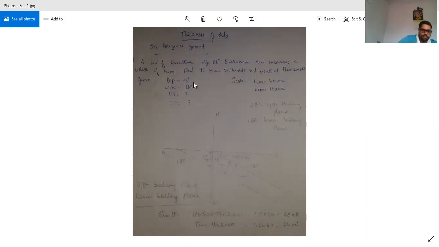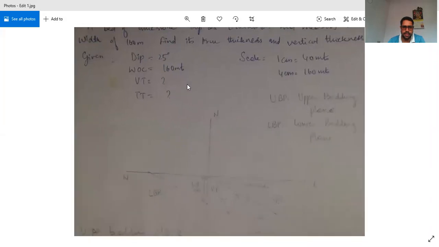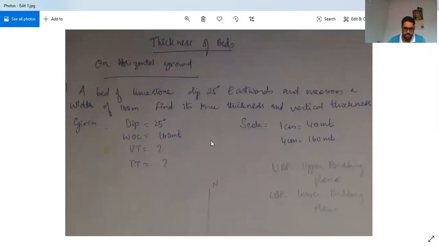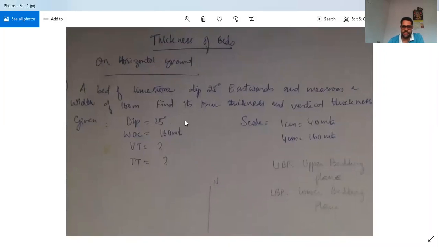So this is the problem that is given. The dip of the rock type is 25 degrees eastwards, and the width of the rock type is 160 meters. You have to find the vertical thickness and the true thickness.